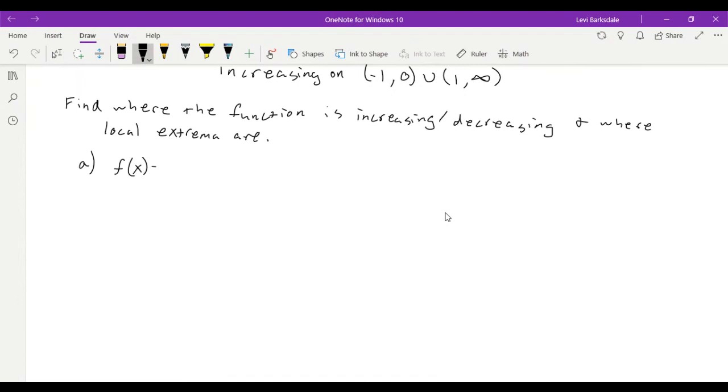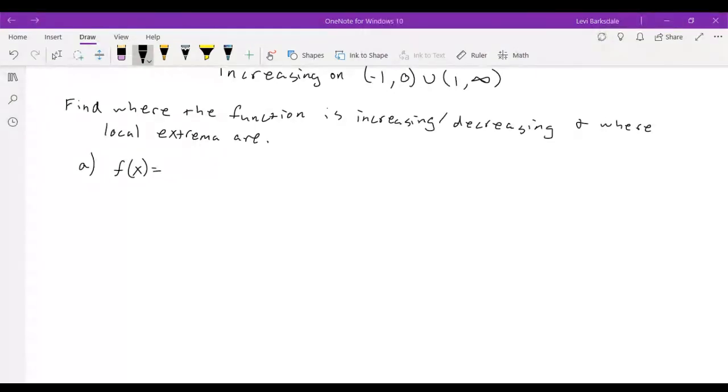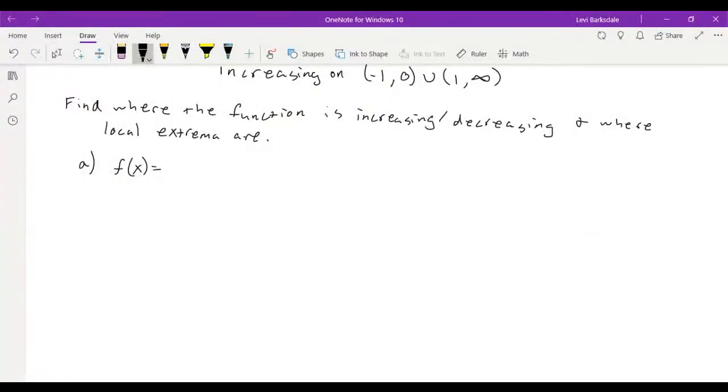First up, no rationalizations. Ooh, that's the first one I had planned out, so then I believe the second one was sine x cosine x plus 5.